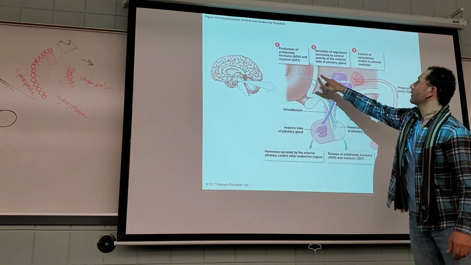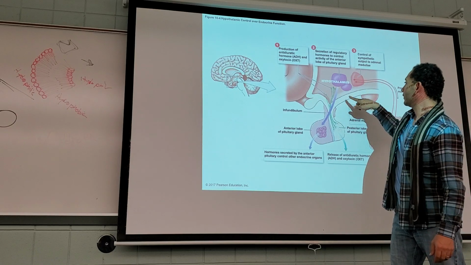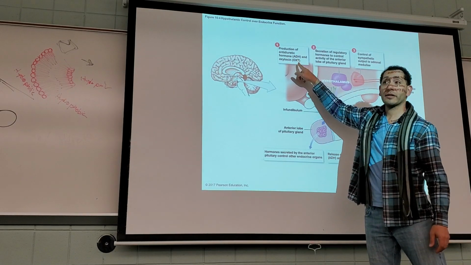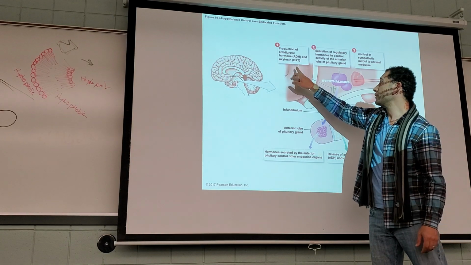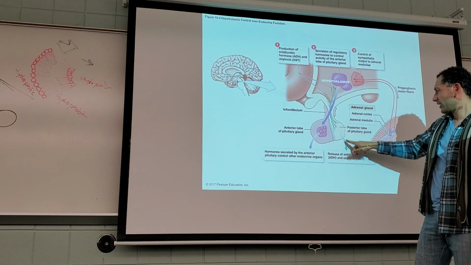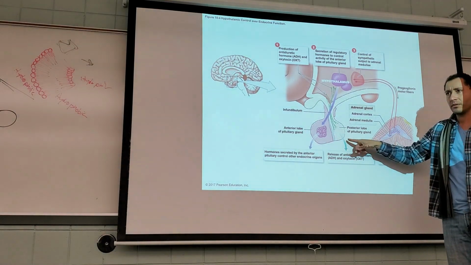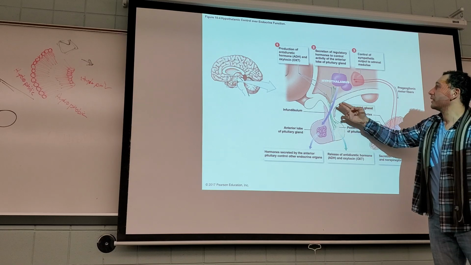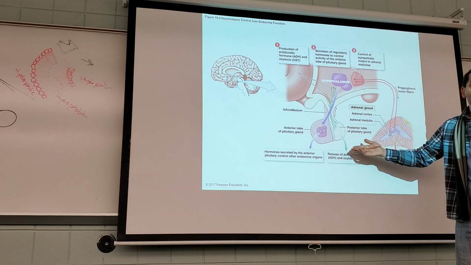So let's see here. You see how the hypothalamus produces ADH and oxytocin? It produces them, sends it through here, but then, wait, doesn't the pituitary make these? Well, technically, yeah, it secretes them.